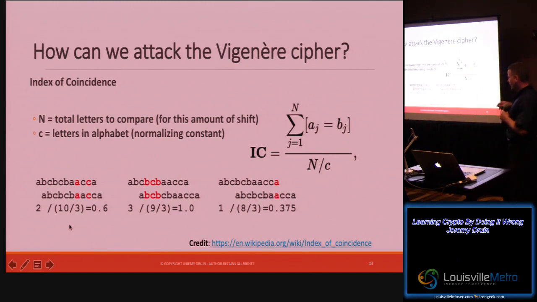So if we look at a very trivial example here, I lined up 1 shift on the left, 2 shifts in the middle, and 3 shifts on the right, on this made-up ciphertext, that gibberish that we have here. And what we ended up seeing is that in the middle one, we actually got 3 doubles out of 9 tries. The right-hand one only got 1 double out of 8 tries, and the left one only got 2 doubles out of 10 tries, right?